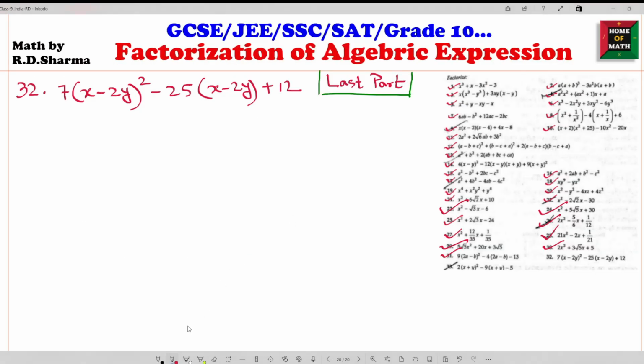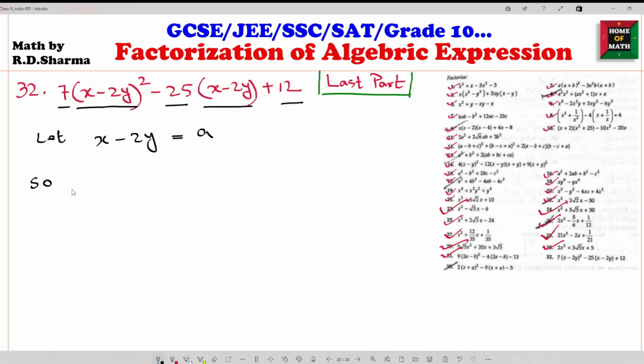Number 32, here is 7 times (x minus 2y) whole square minus 25 times (x minus 2y) plus 12. So similar to 31, let x minus 2y equals a.